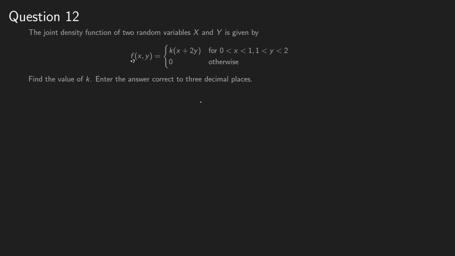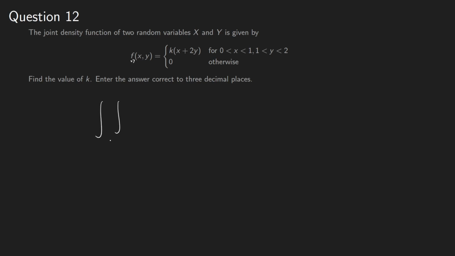So we can use here the property of any probability density function. That is, if we integrate it over the full range of all the random variables for which it is defined, then we will get it equal to 1. It's equivalent to saying that if we add all of the probabilities for all of the possible values, then it should be equal to 1. So we will integrate the PDF.